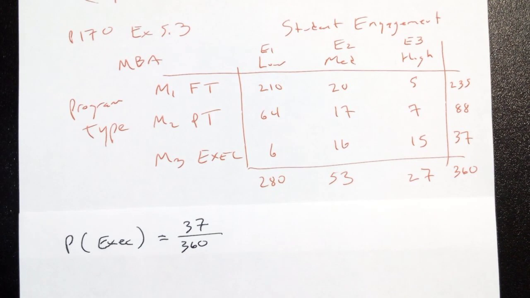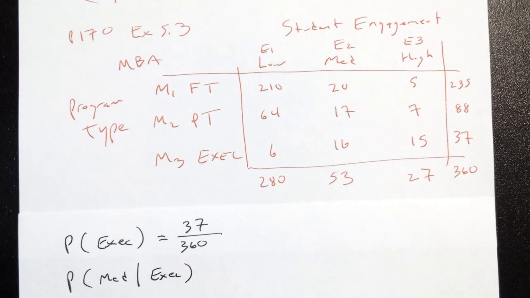But if I asked how many of those students have medium engagement, then what I'm asking is a conditional probability. The probability that a student has medium engagement given that they are in the executive program.